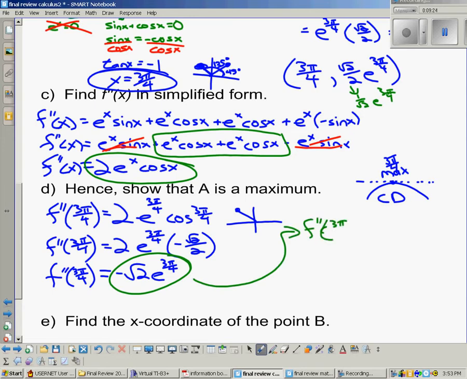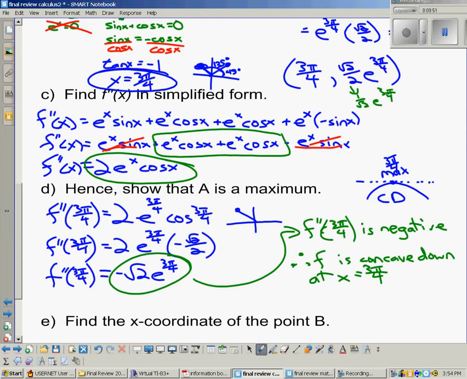We've shown that our result is negative. So since f double prime at 3 pi over 4 is negative, that means that f is concave down at x equals 3 pi over 4.